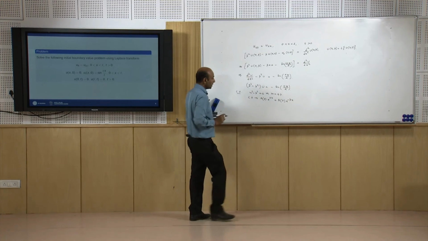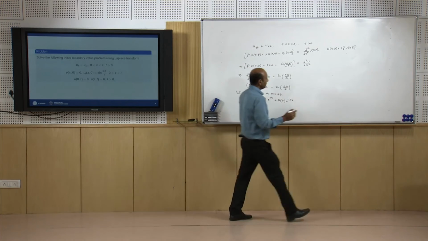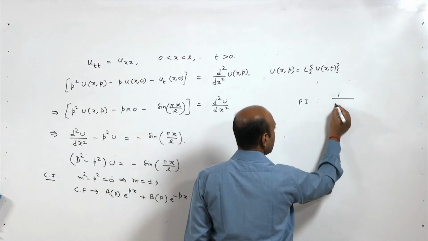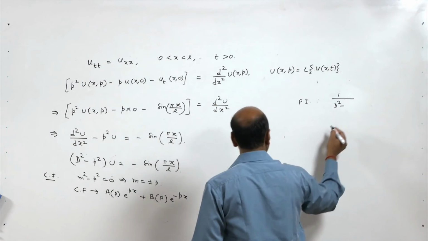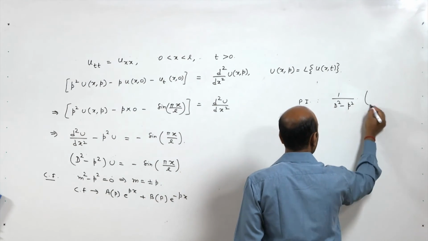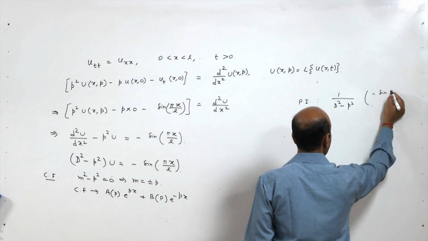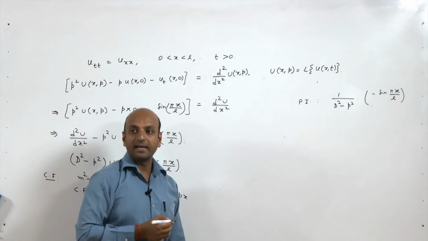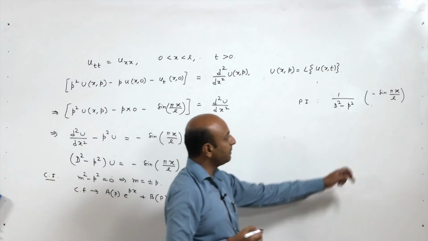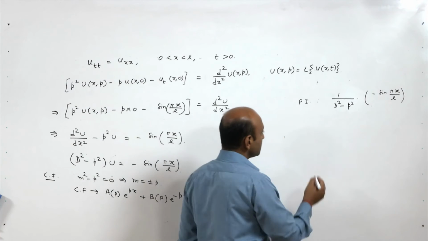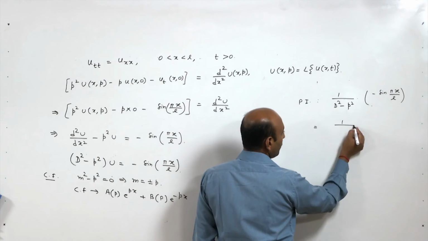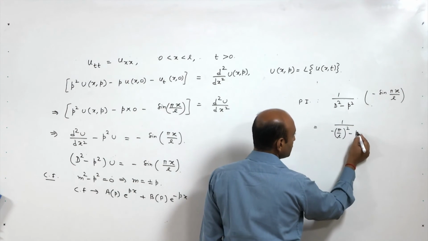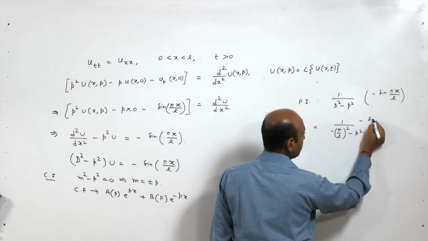Now, for a particular integral, it is nothing but 1 upon D square minus p square of minus sin pi x by L. You simply replace D square by minus a square, and a is nothing but pi by L. So, this is equal to 1 upon minus (pi by L) whole square minus p square, and it is minus sin pi x by L.